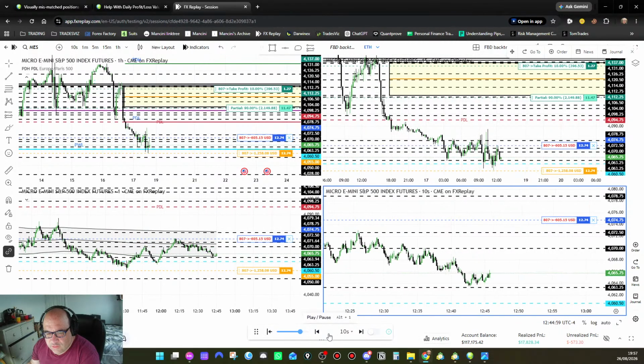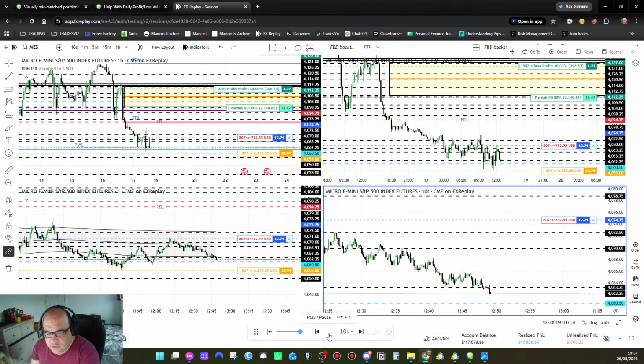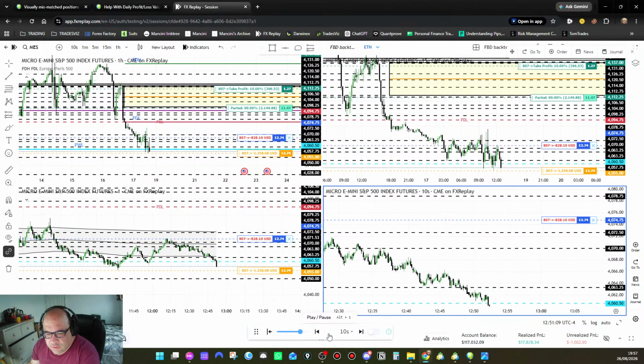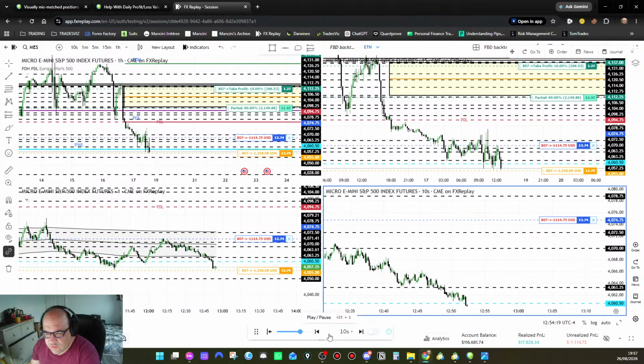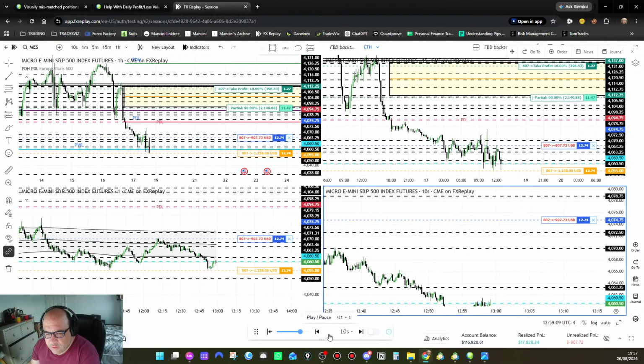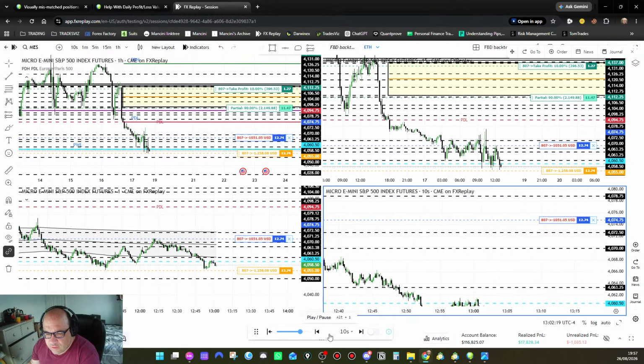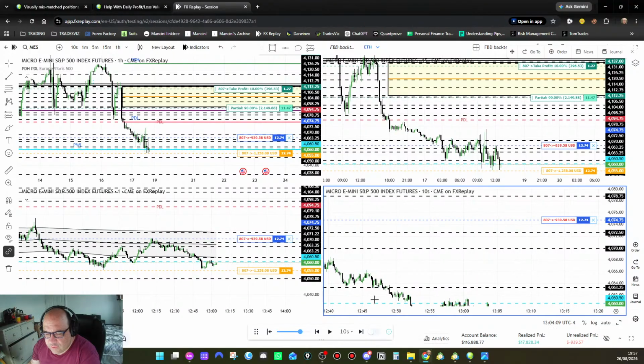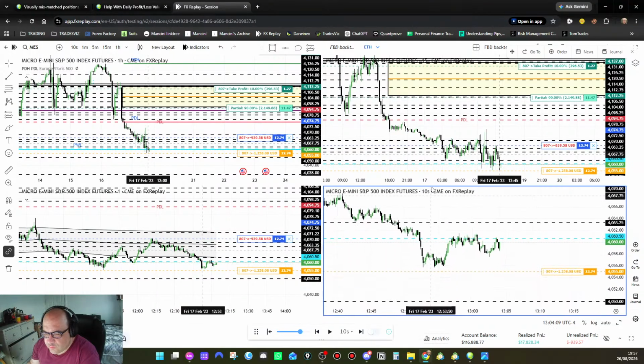So it's kind of like creating a big base, but we haven't avoided the danger yet. We're still flirting with the stop loss.